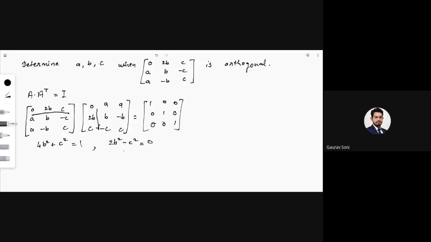So let's solve these two equations. If I add two of them, then I will have 6b square is equal to 1, which means that b square is equal to 1 by 6. So b is equal to plus minus 1 upon under root 6.